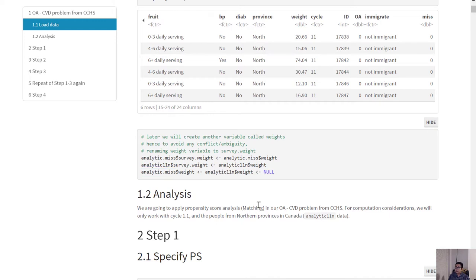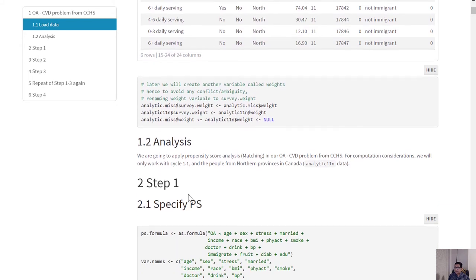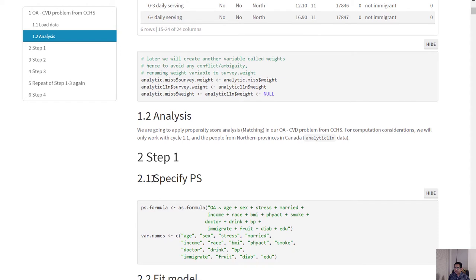Alright, okay, so in the class I will discuss the propensity score analysis, but here is a brief discussion of propensity score analysis in terms of the steps. In the first step of the propensity score analysis, we need to have a model specification.